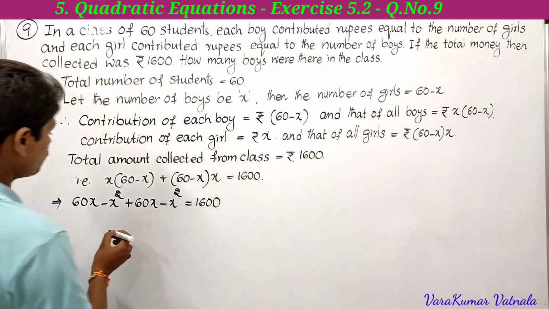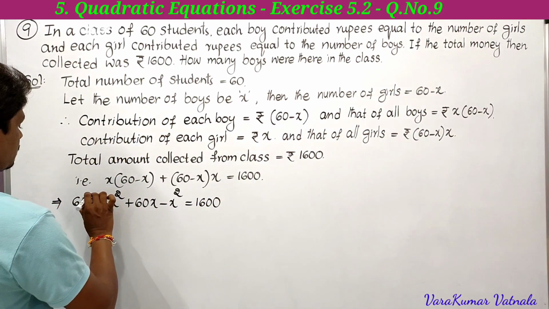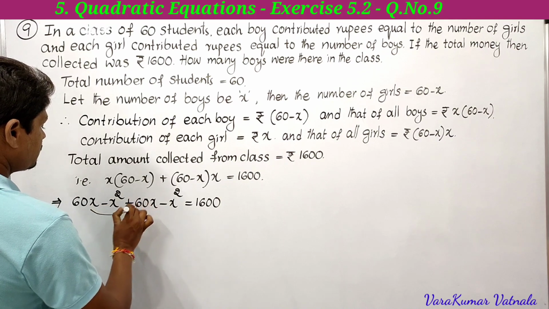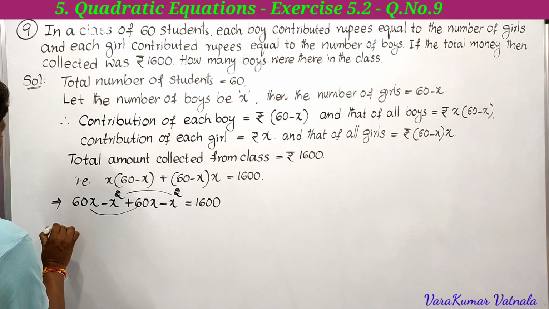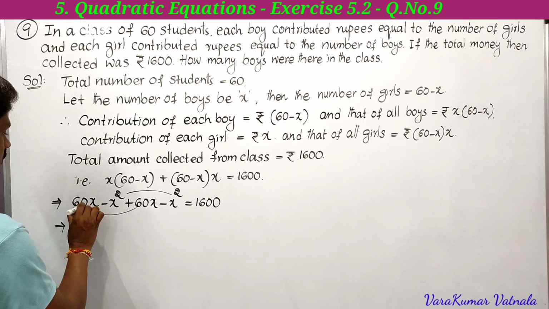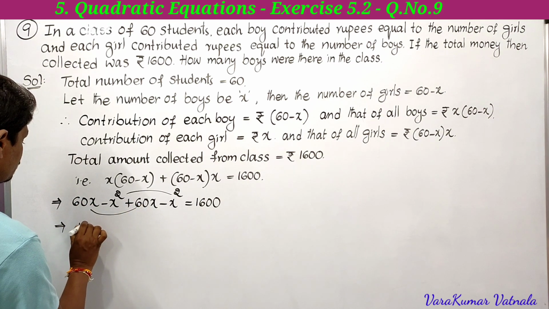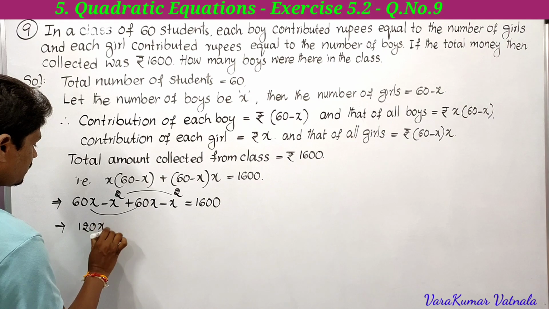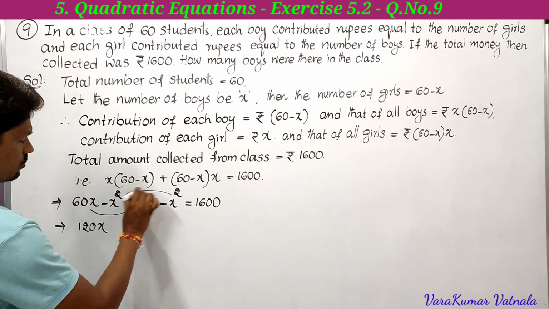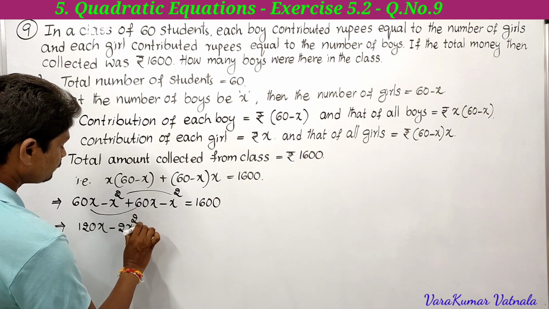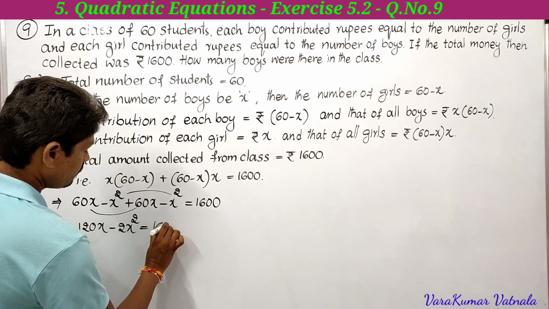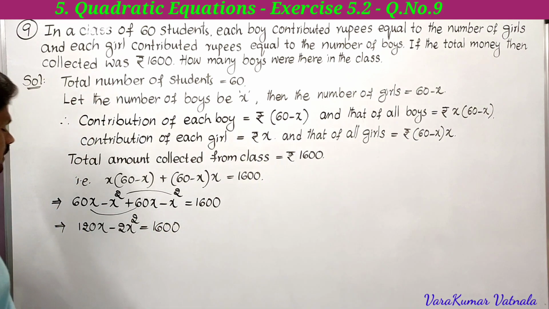So now we just have to simplify. Plus 60x plus 60x is 120x, minus x square minus x square becomes minus 2x square, is equal to 1600.